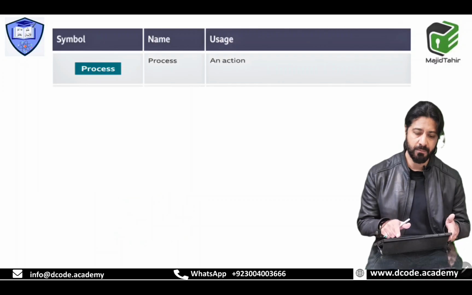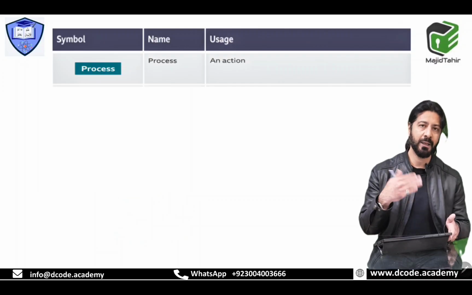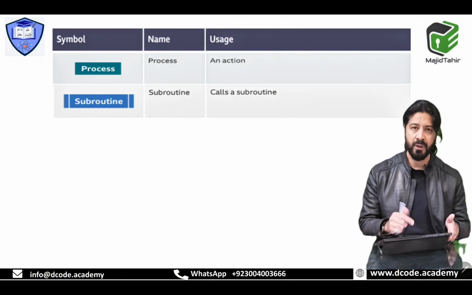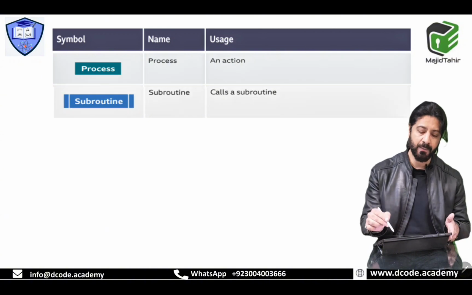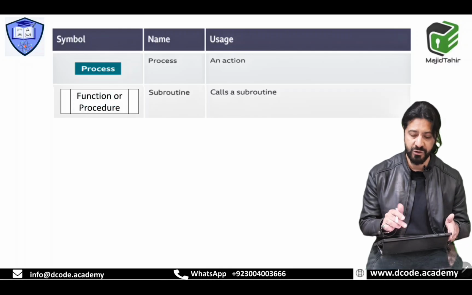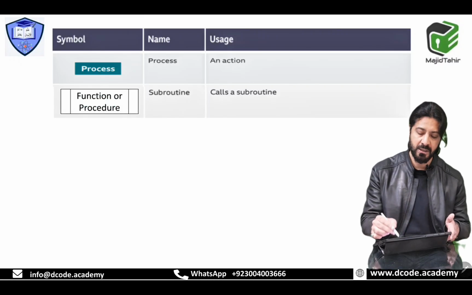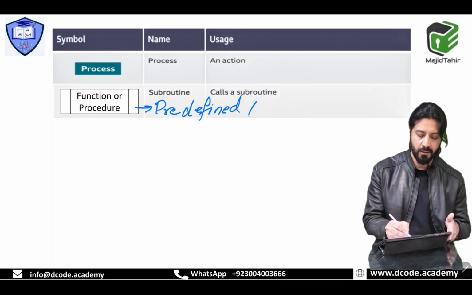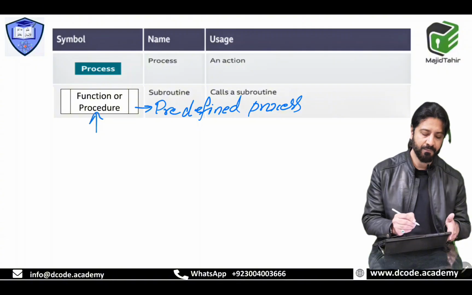Then we have a process symbol. Any process is represented in a rectangle. Then we have another symbol in rectangle called subroutine or procedure or function. A subroutine, procedure or function, we also call a predefined process, which is already defined in the system.